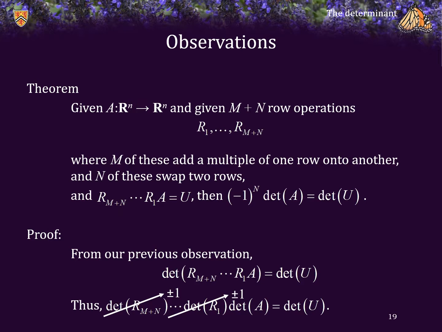Consequently, those n matrices have determinant -1. Therefore, the cumulative effect of those n matrices is -1 to the n. That proves our theorem.